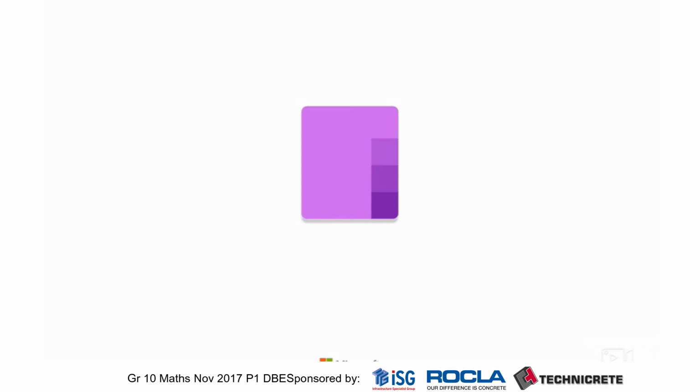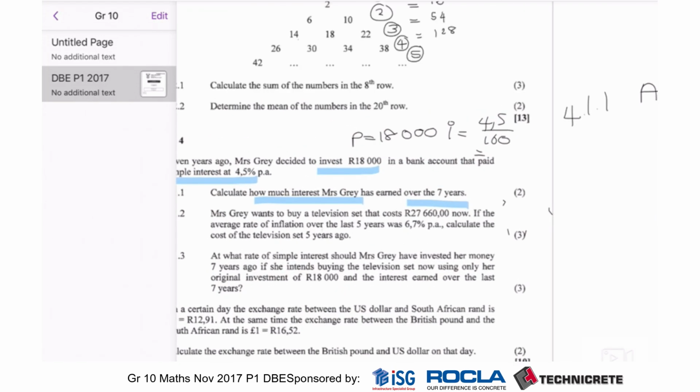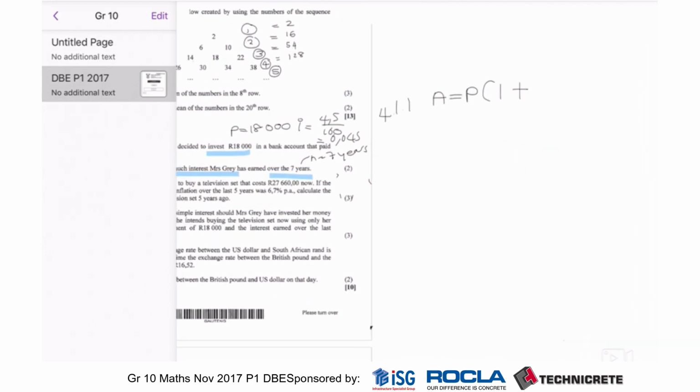Okay, so that is what I'm going to use now. So 0.045 and my n is 7 years. Let's substitute. Okay, but remember, this is finding my final amount only.